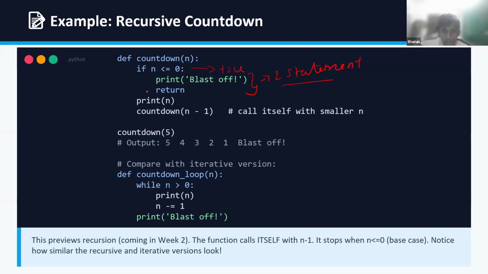How is it identifying? Print is given in brackets and single quotes. How about return? How is it understanding that return should also be executed if the condition is true?